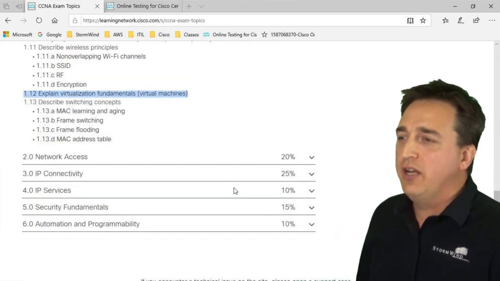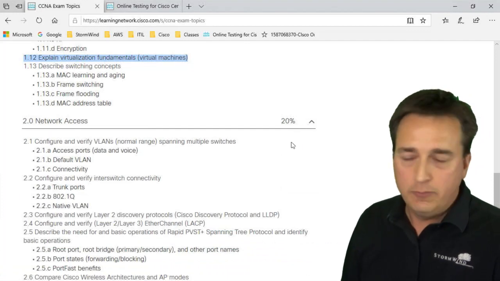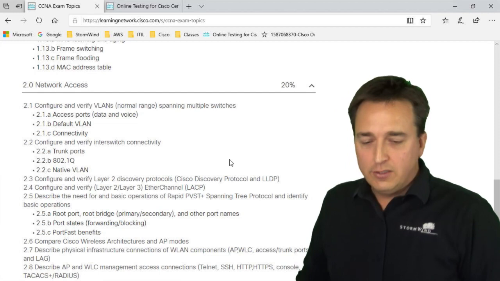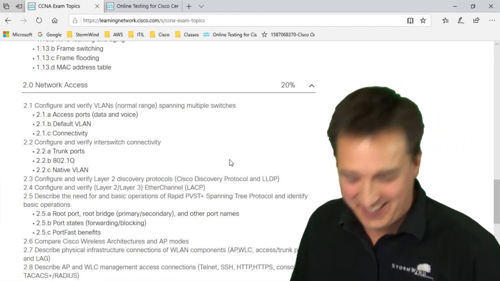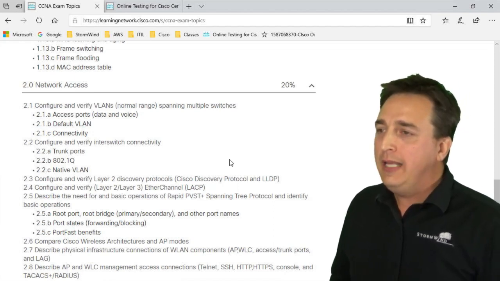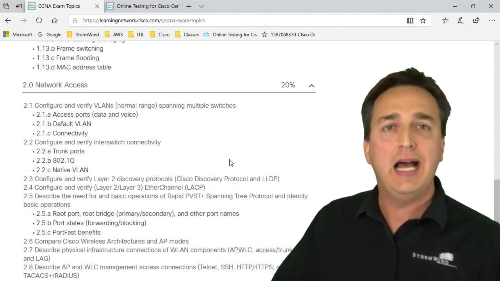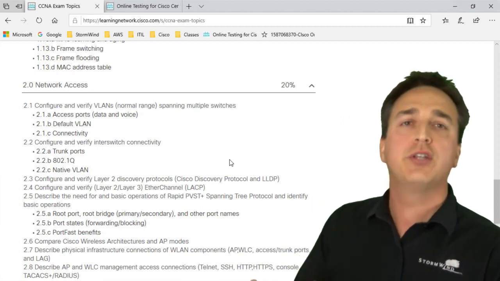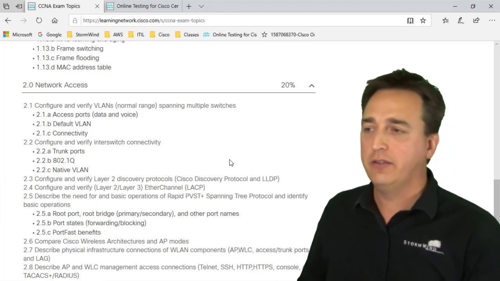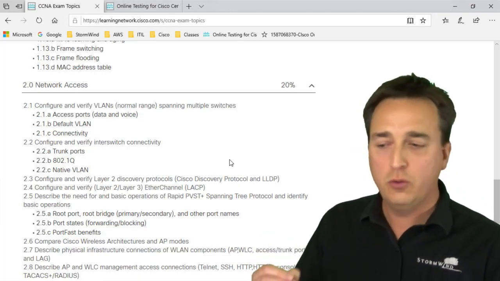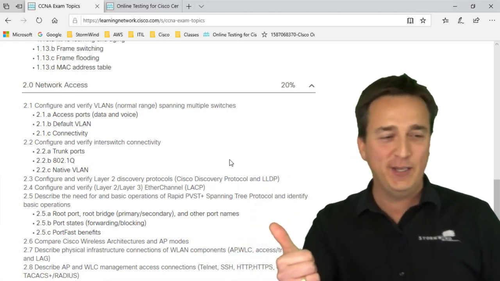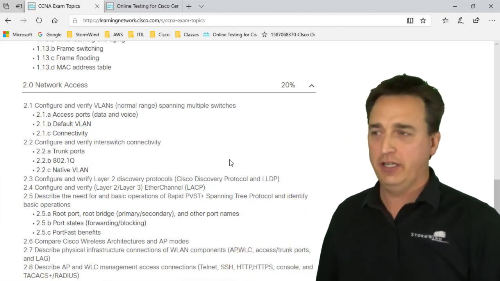We are done with section number 1, so let's move on to section number 2 now. In section number 2, this is where the Hulk in me comes out. Why? Because even before the exam was released and Cisco published these exam objectives, the very first questions that people were asking were related to VLAN Trunking Protocol and Dynamic Trunking Protocol.